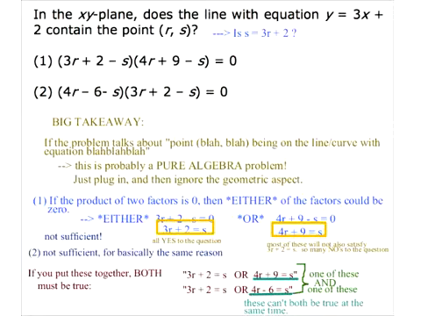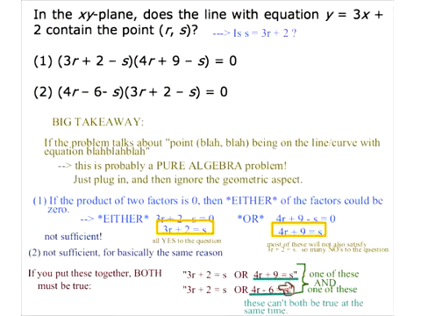Okay, the point here is this. To make these both true at the same time, you could have either this and this, this and this, this and this, or this and this. But that last combination is impossible because 4r plus 9 and 4r minus 6 can't be the same number.